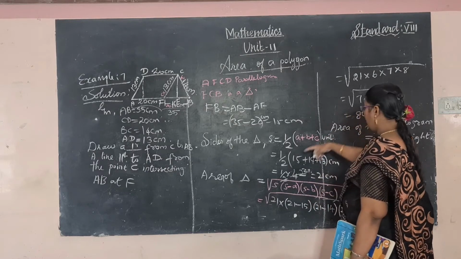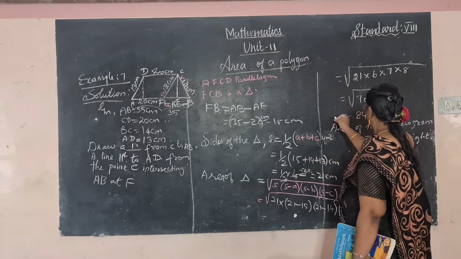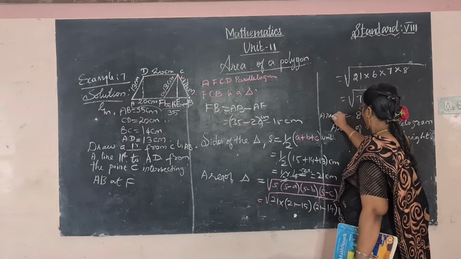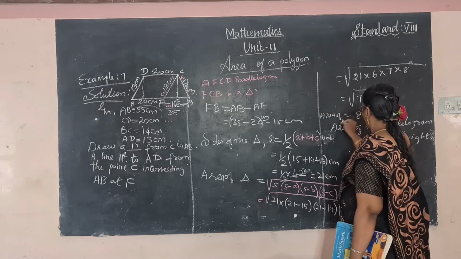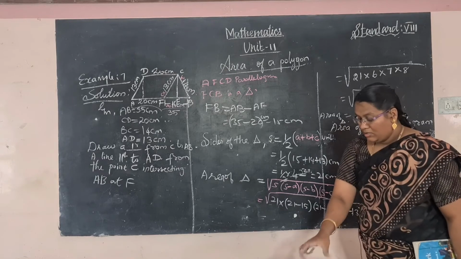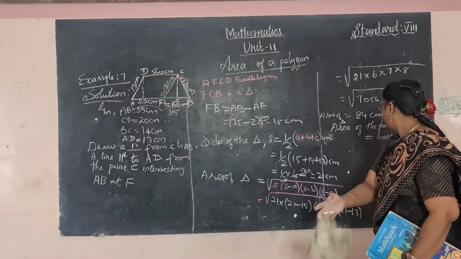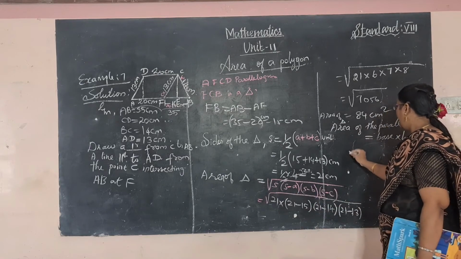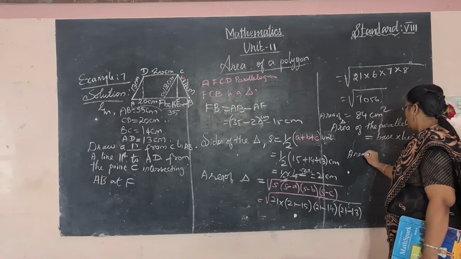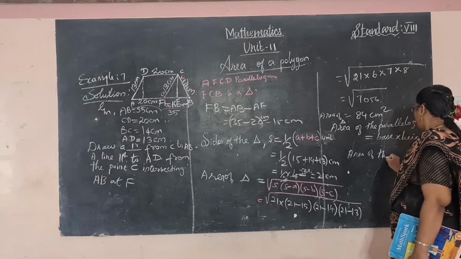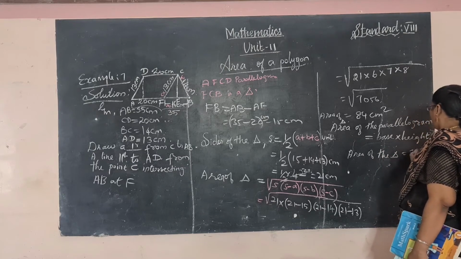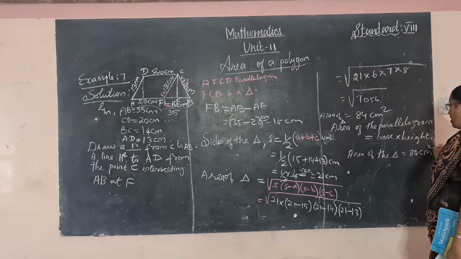What is the formula for the area of the triangle? The area of the triangle is equal to 84 centimeter square, we have found, is it?